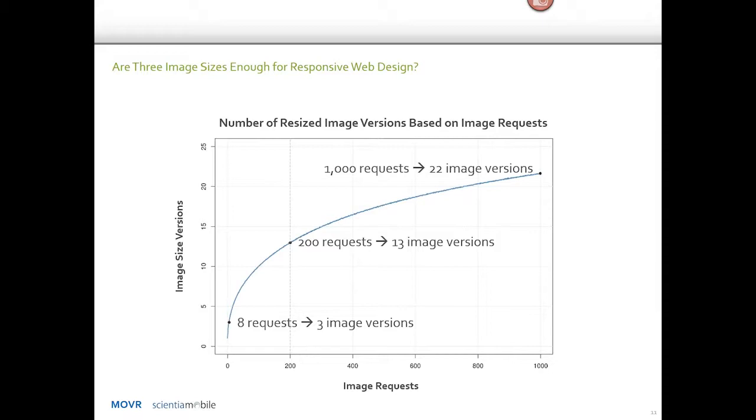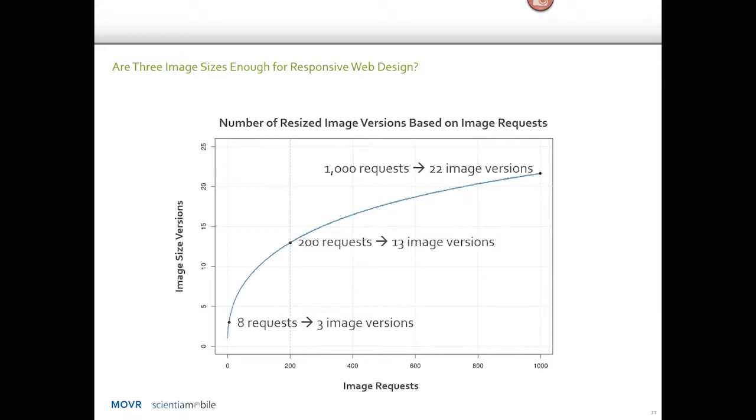It only takes about 8 requests these days to get the requirement for 3 different image sizes. And moving on, it takes about 200 requests to have the need for 13 different image sizes.